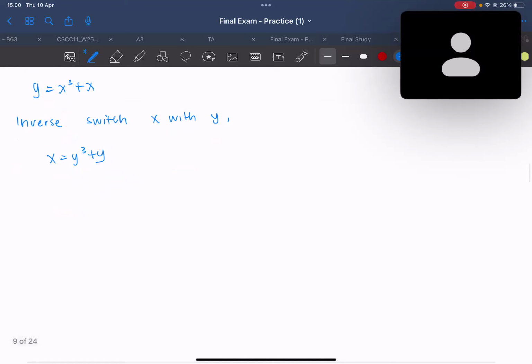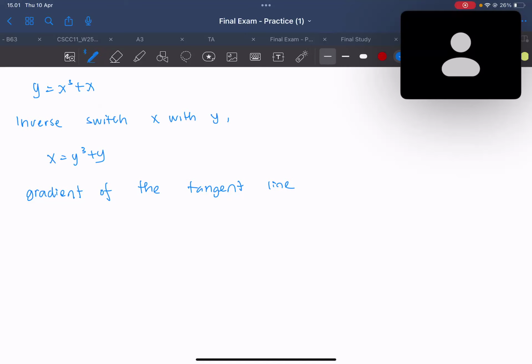So if you want to find the tangent line, you first find the gradient of the tangent line. To find the gradient, you just need to take the derivative and put in the value of (a, b). In the normal case you just differentiate the function and put in the value of a.